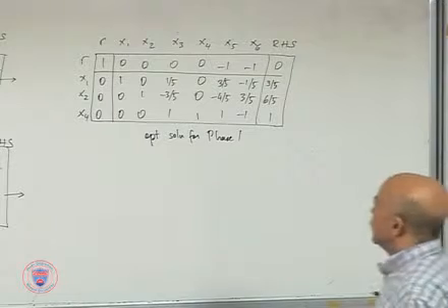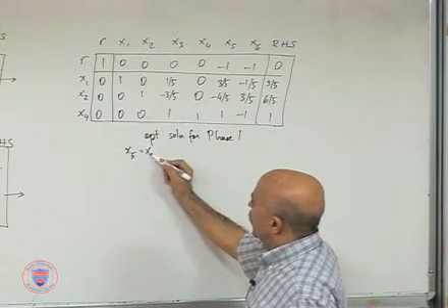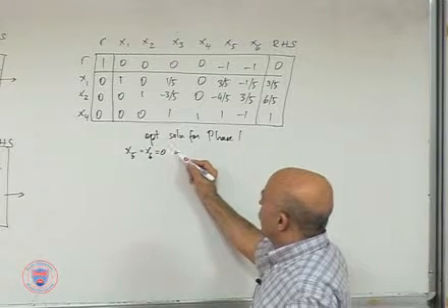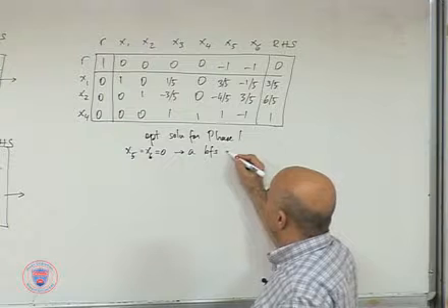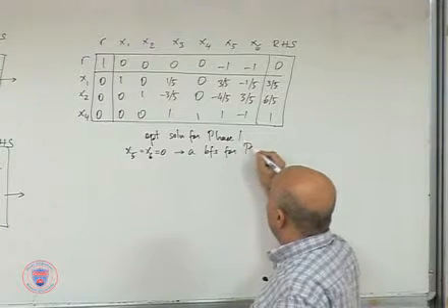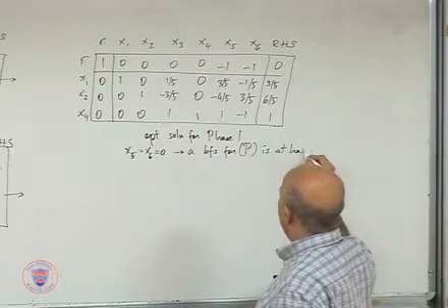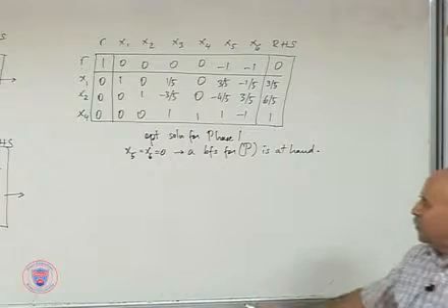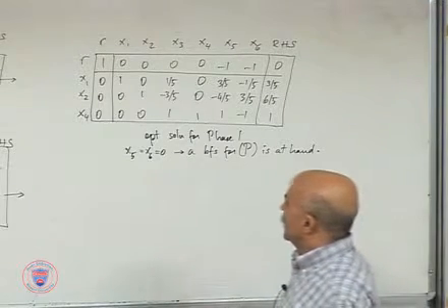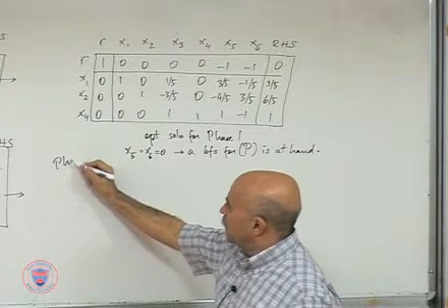Okay? x5 and x6 are both 0, which means a basic feasible solution for P is available now. It is the one provided by the tableau. So we begin with that. Now I begin my phase 2.